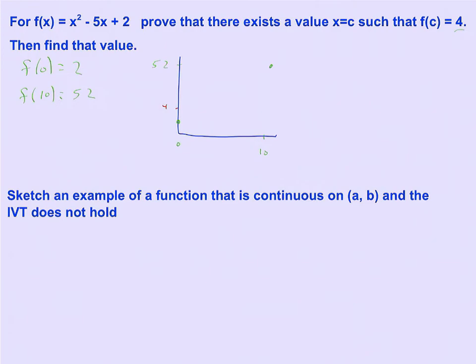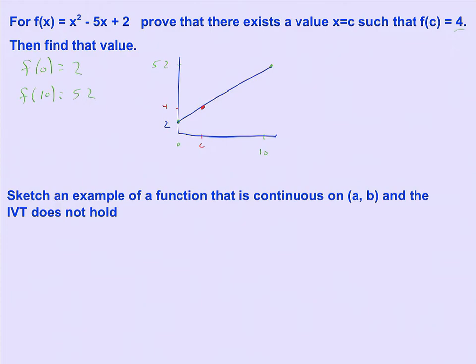That's it. That's all I need. At some point between the point 0, 2 and 10, 52, the graph has to pass through y equals 4. That's it. All I know is that it exists.